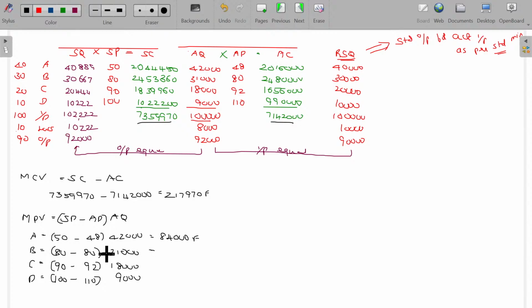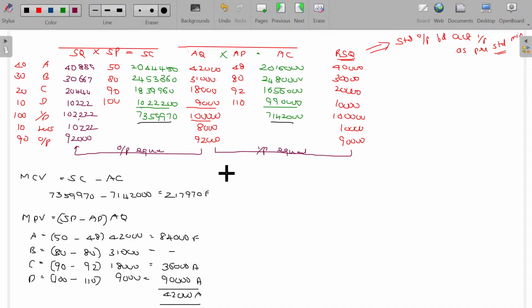Per unit cheaper by 2 rupees means for 42,000 units, 84,000 favorable. No difference for B. 2 rupees you pay excess for 18,000, 36,000 adverse. You pay 10 rupees excess for 9,000 units, 90,000 adverse. Overall total being 42,000 adverse. Clear?